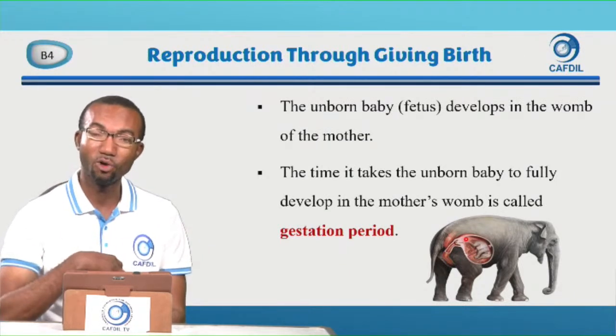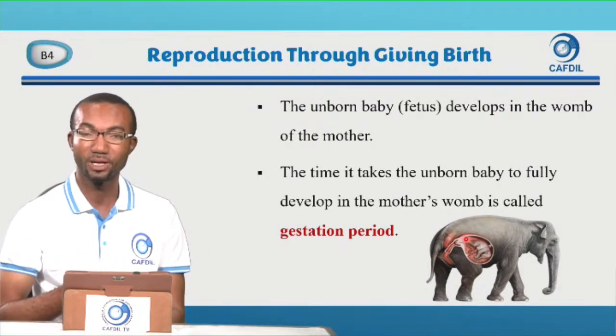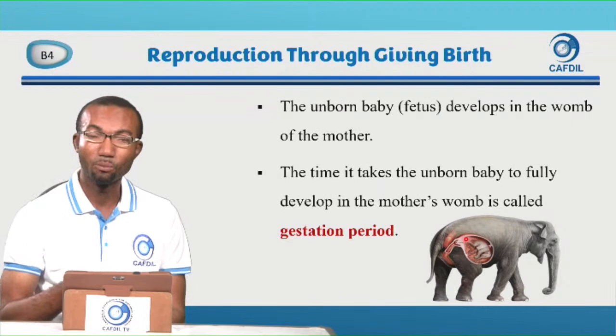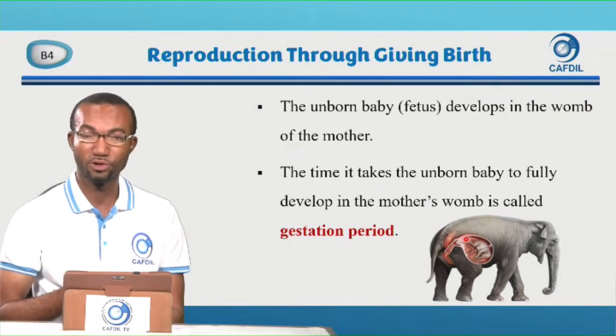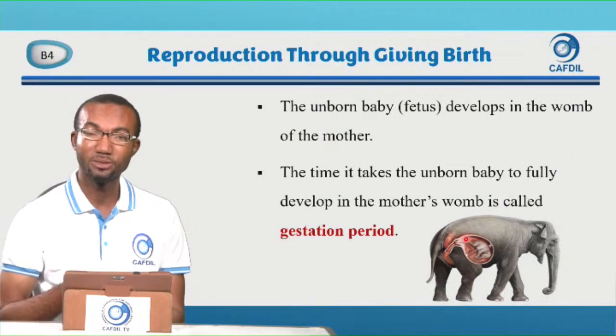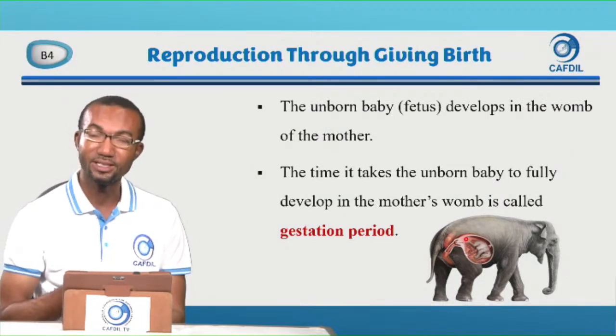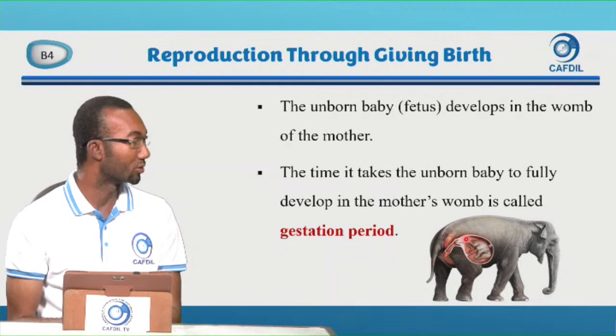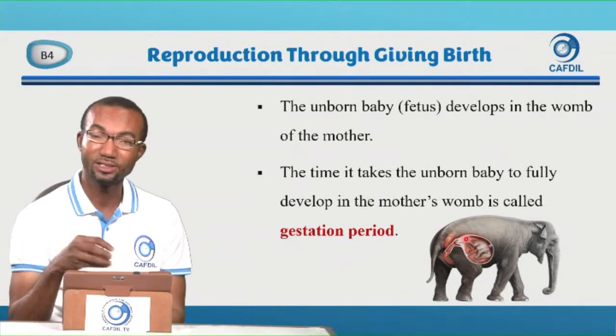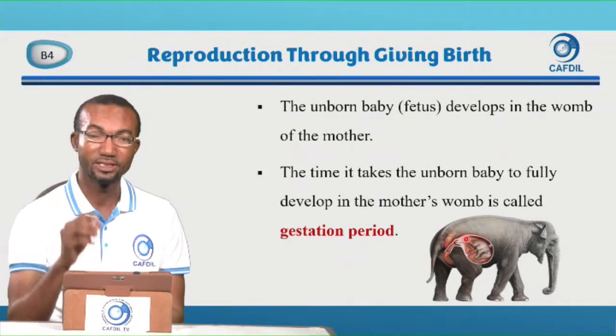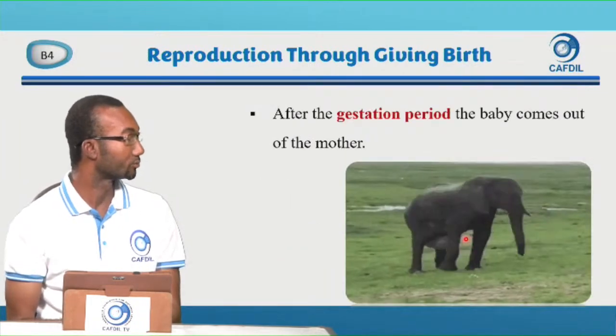So when the unborn baby is in the womb of the mother, you call it pregnancy. Pregnancy means that there's an unborn baby in the womb of a woman. And elephants, their unborn babies spend 18 to 24 months in their womb. And we call that period that you are in the mother's womb gestation period.